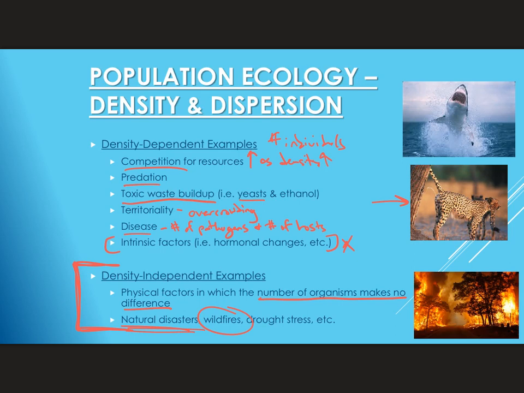And it doesn't matter which population is there. The wildfire will have the same effect on that population. So these density-independent things are typically natural disaster type phenomena that can wipe out a population no matter what size it is. Okay, I know that was lengthy. But that gets us through at least density and dispersion in terms of population dynamics.